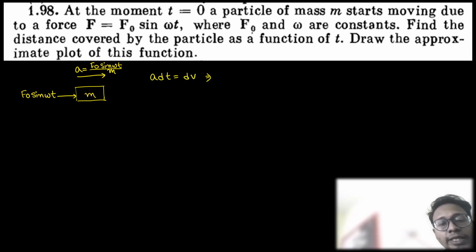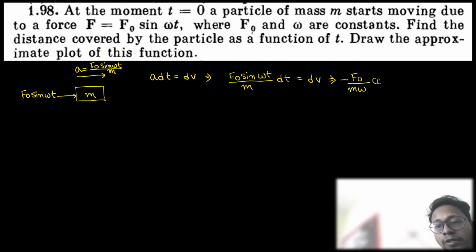What is the value of acceleration? f naught sine omega t divided by m, into dt, is equal to dv. If we integrate it, it becomes nothing but minus f naught by m omega cos omega t.